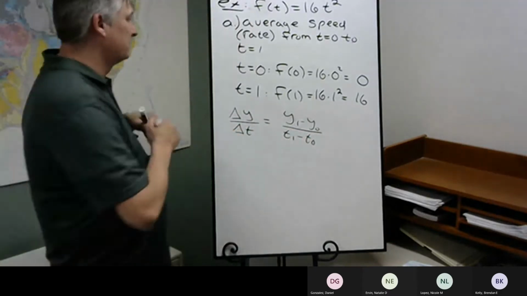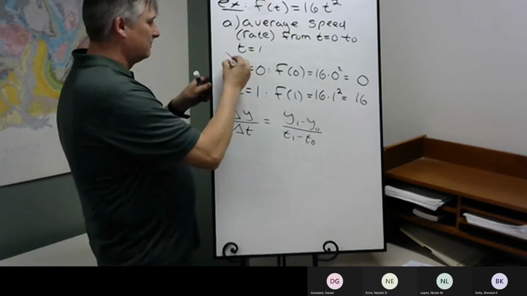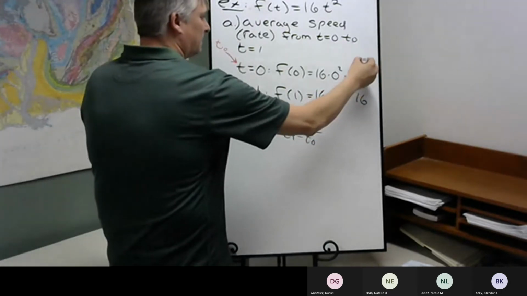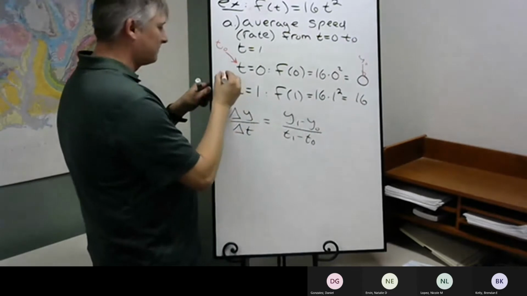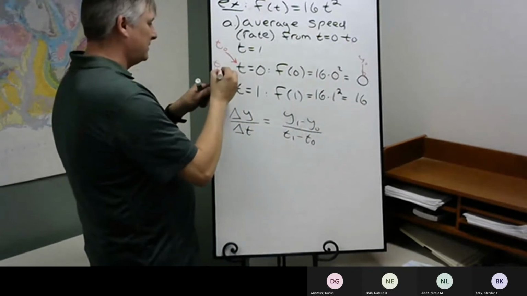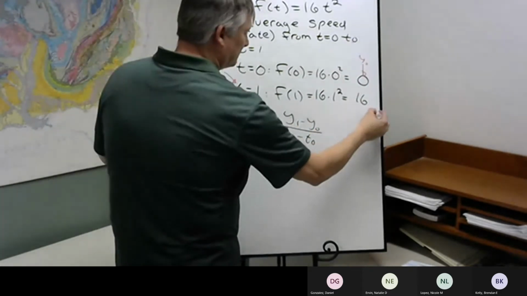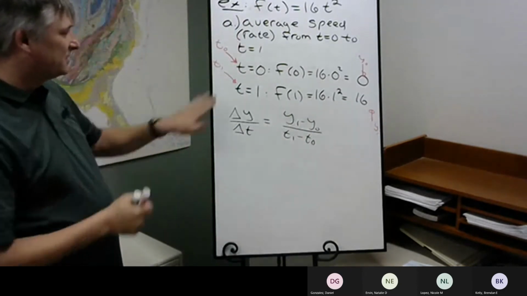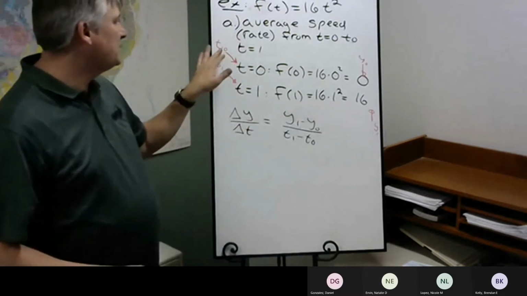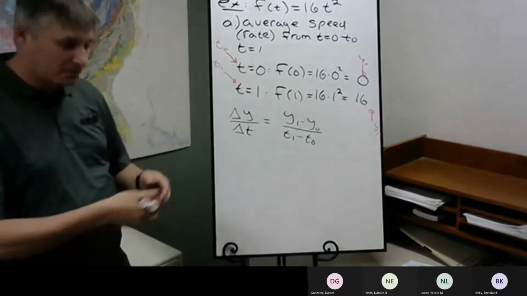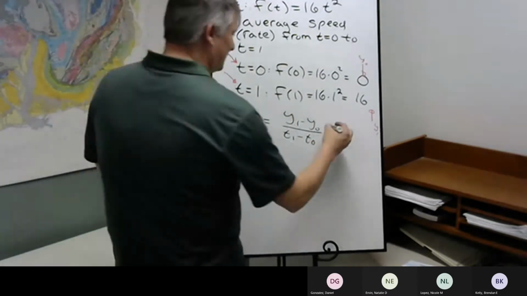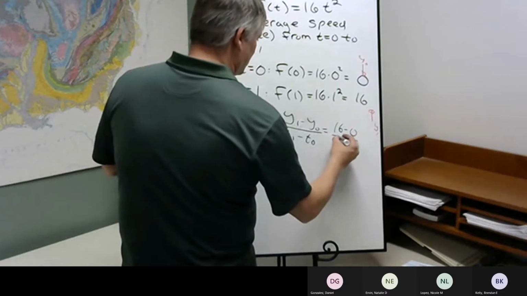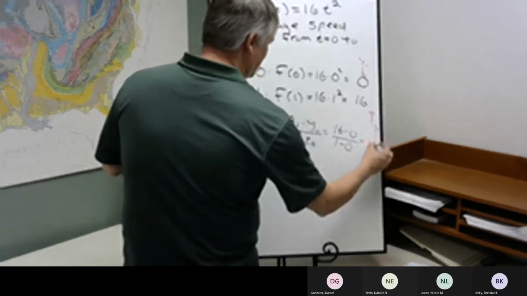You see what you're doing. t0, y0, t1, y1. t1 will give you y1, t0 will give you y0. So we'll get 16 minus 0 over 1 minus 0, or 16.